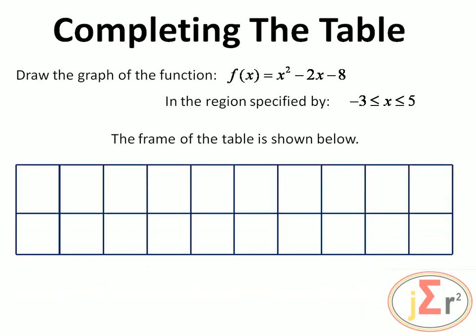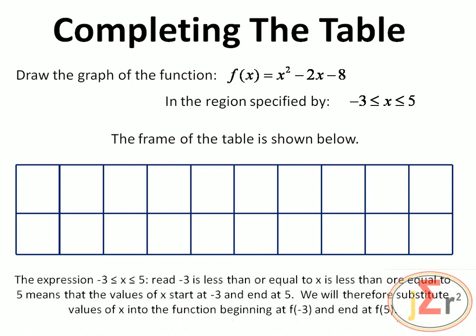So that is the frame of the table. Now in that table we intend to have visible values of x first and the corresponding values of f of x that will be determined by calculation.